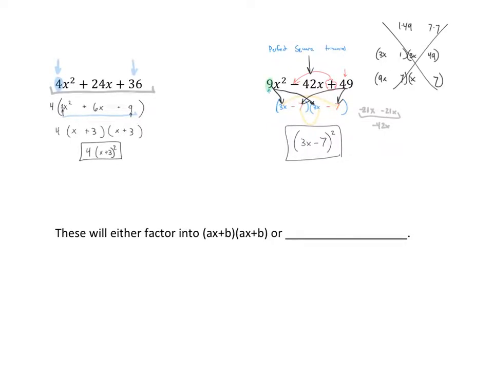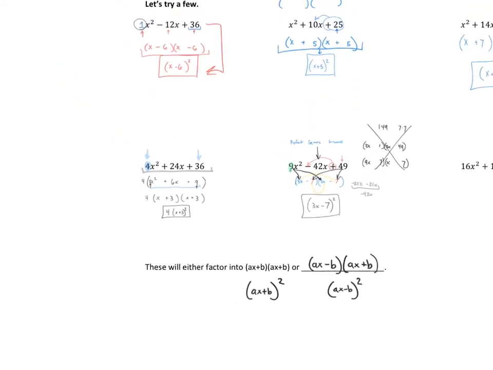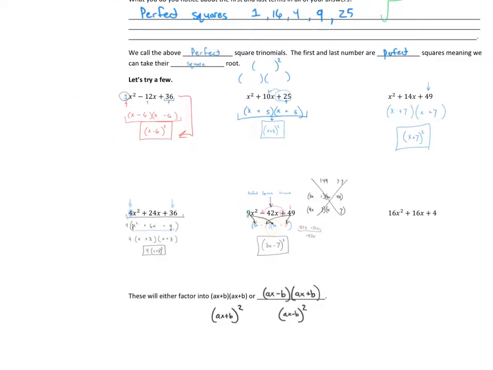So, whenever we're working with these special perfect square trinomials, they'll either factor to double positive or double negative, which then would need to be shrunk down. And that's perfect square trinomials.